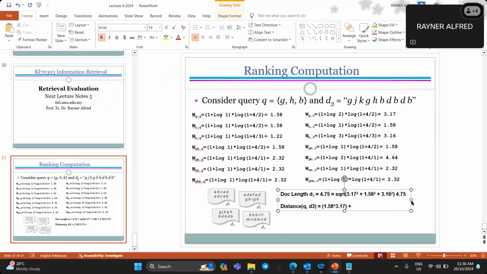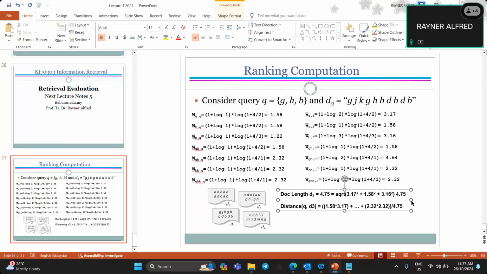Plus, and altogether 2.32 times 2.32, divided by 4.75, right?